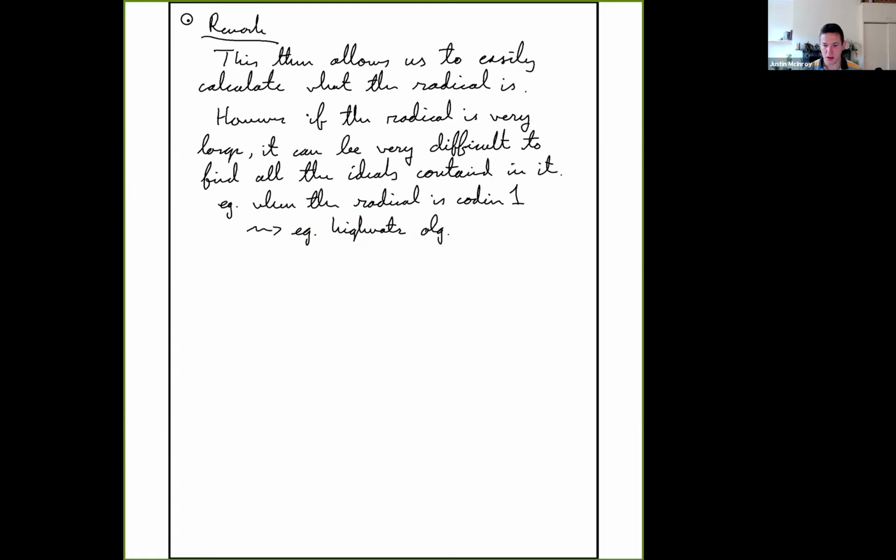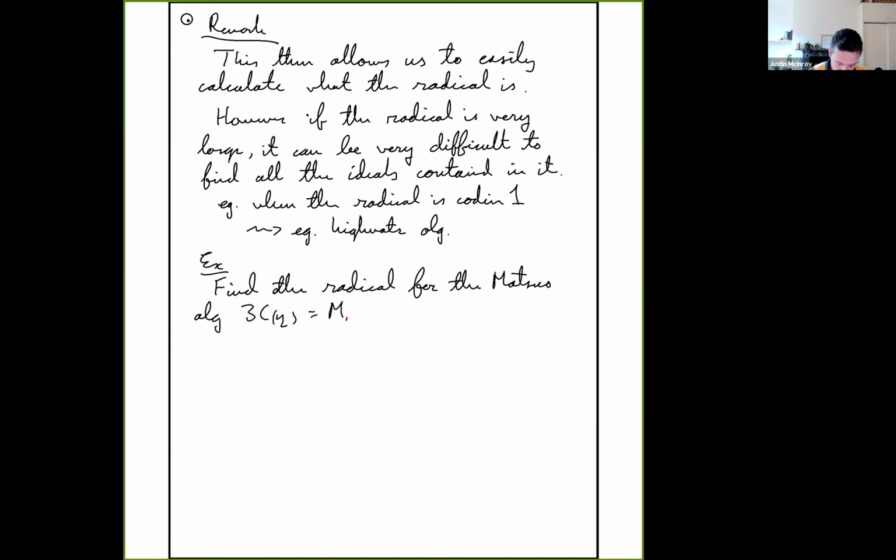Okay, I've given an exercise in the notes, so I'll write that here. Our running example, the Matsuo algebra: find the radical for the Matsuo algebra, the one I mentioned earlier, our running example, which is the one for the group S3.